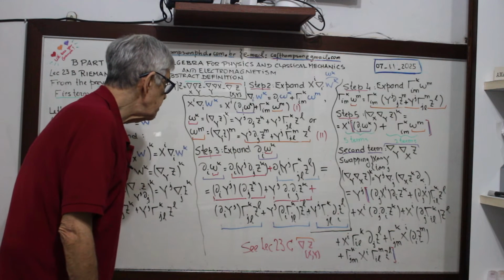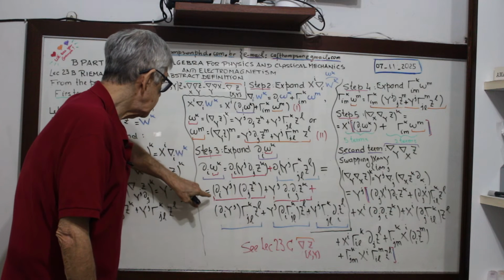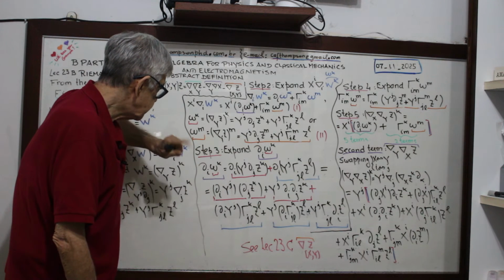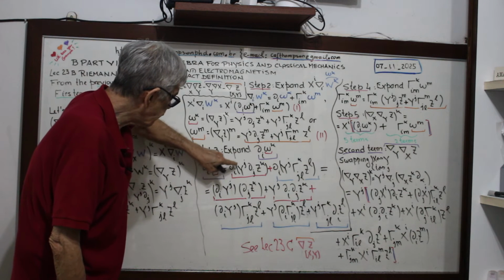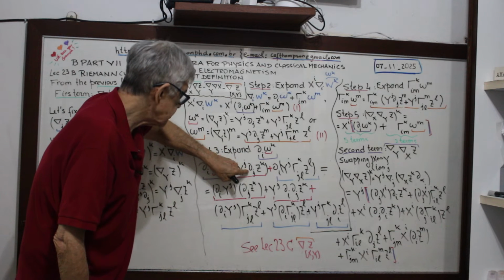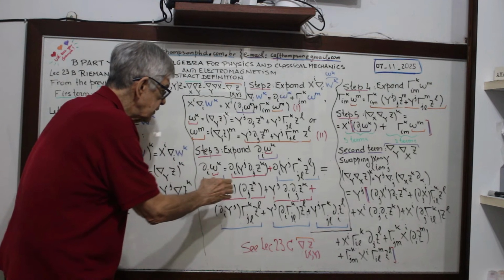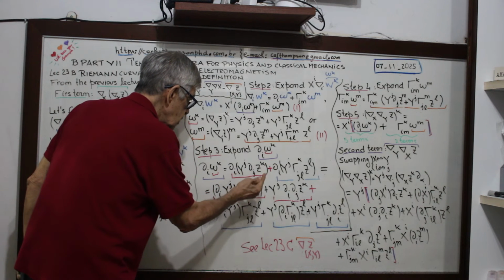This again I can have here. This is a derivative of yj. This is a term, in this case partial xj zk. This is a term I have here.